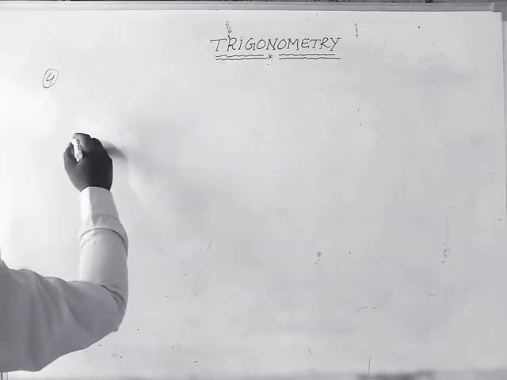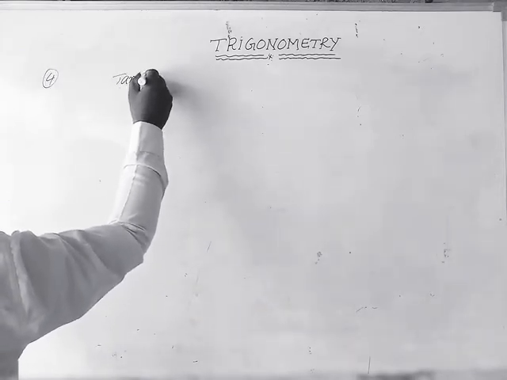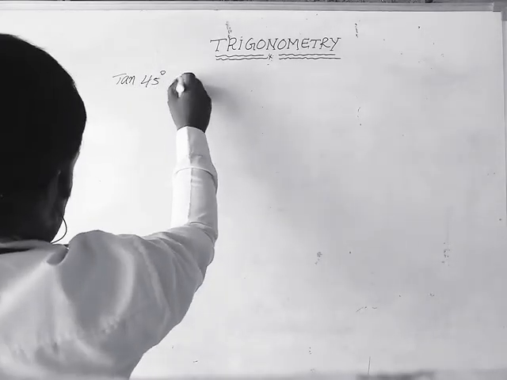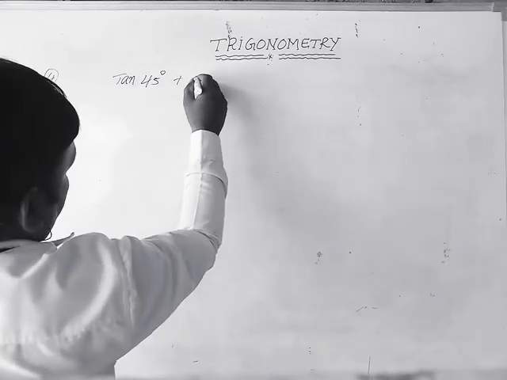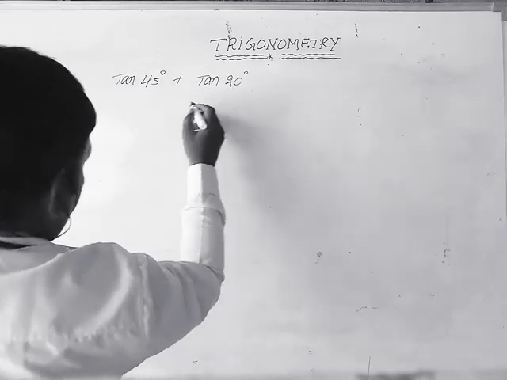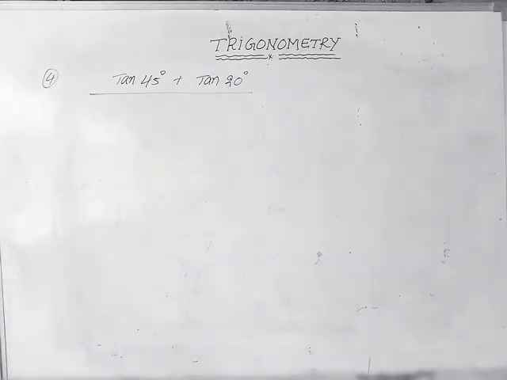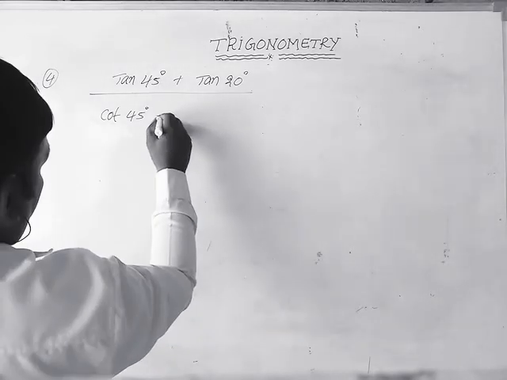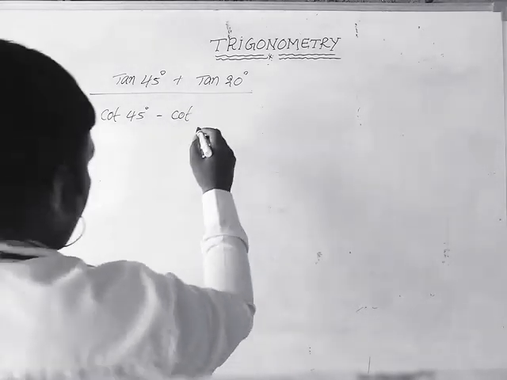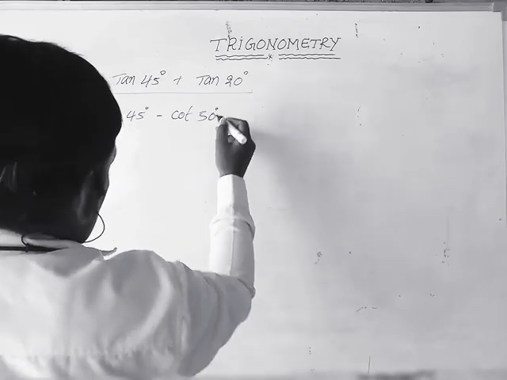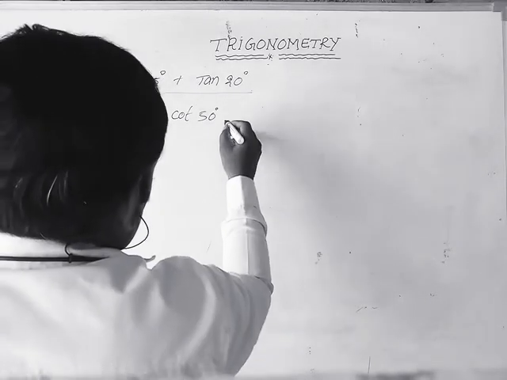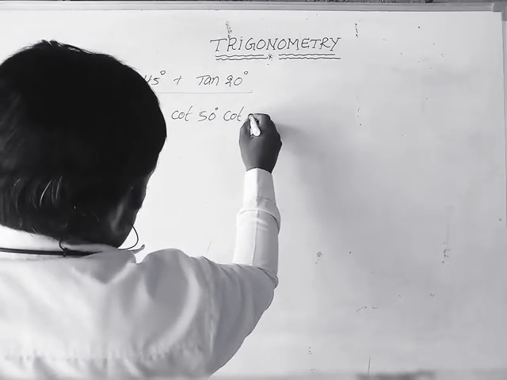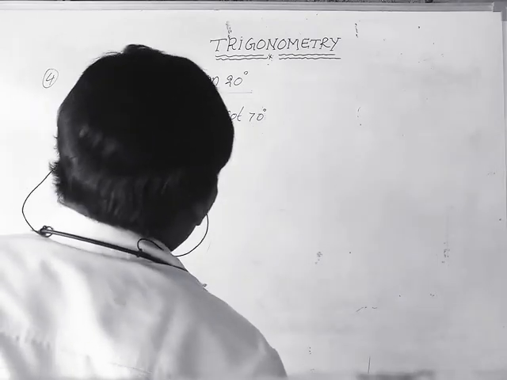That is the fourth problem. Tan 45 degrees plus tan 20 degrees divided by cot 45 degrees minus cot 50 degrees, cot 70 degrees.